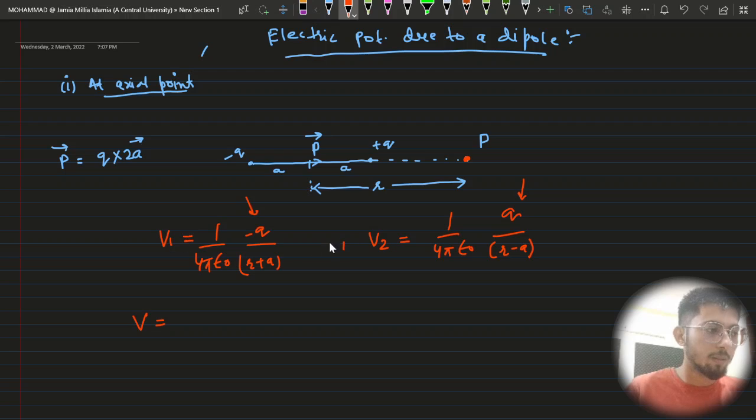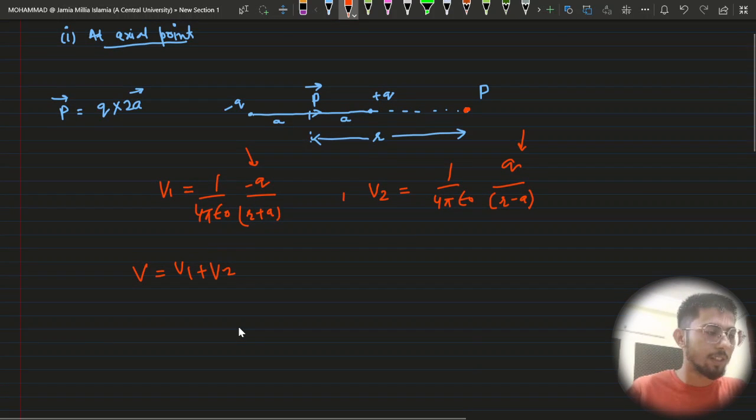Since they are scalars, there is nothing to worry about. We can just simply add them. I hope you have not forgotten scalars while dealing with vectors for so much time. Total potential will be V1 plus V2.